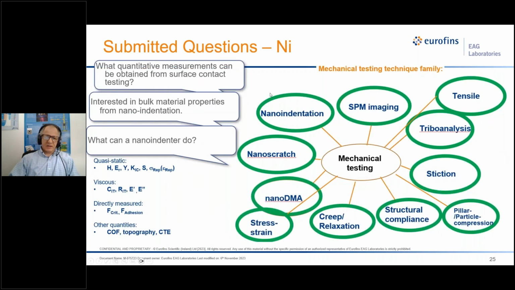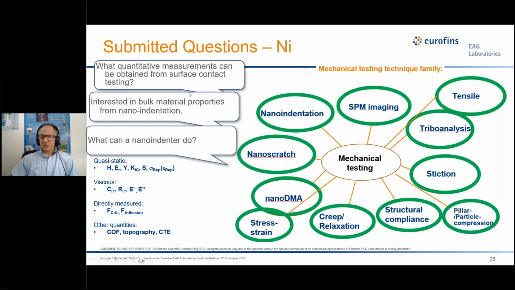Now, we discussed what kind of quantitative measurements can be obtained from surface contact in general, and what else can be obtained from indentation, what the nanoindenter can do.